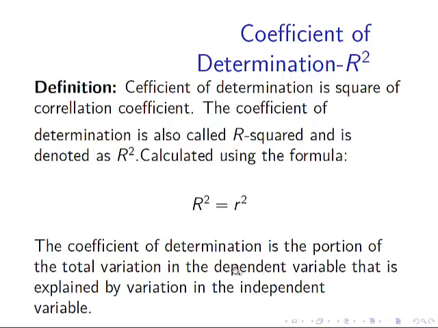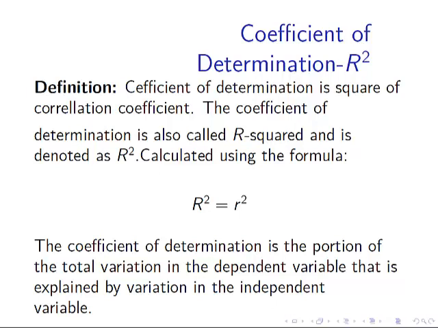As always, the dependent variable means y, and the independent variable x. This coefficient represents the percentage of points which can be explained by the equation of linear relation.